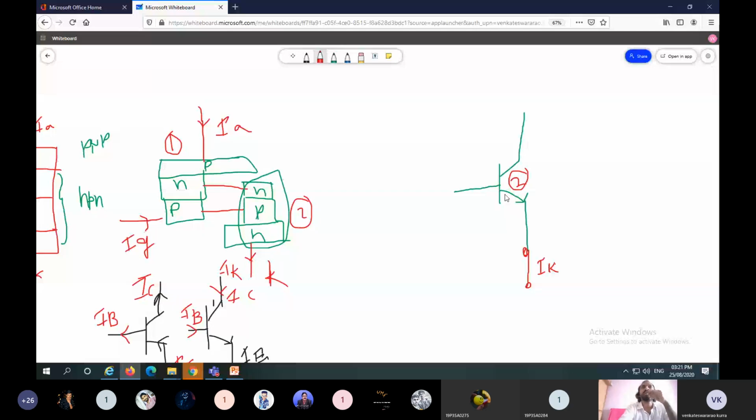Here the terminal is the emitter terminal. This terminal is the collector terminal. As it is the second transistor, the current is represented as IC2.